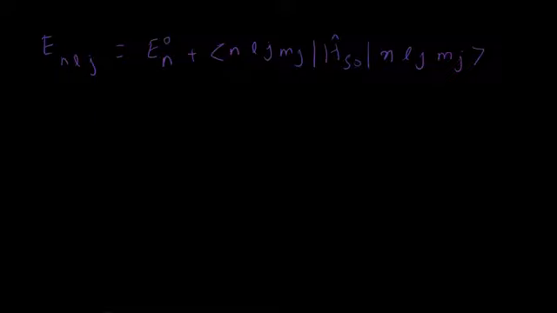So the unperturbed energy has the value minus e square divided by 2 a naught n square. Here e is the charge on the electron, a naught is the Bohr radius and n is the principal quantum number, plus this term, which is the first order correction to energy.